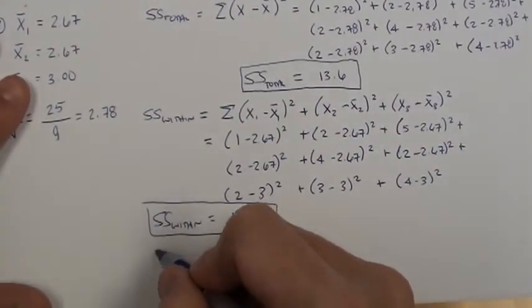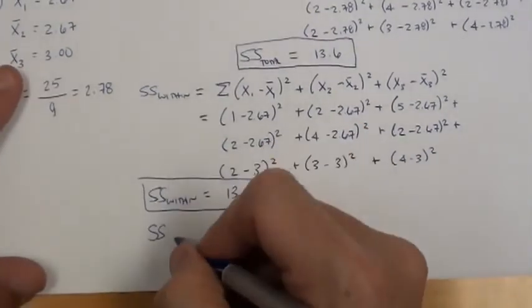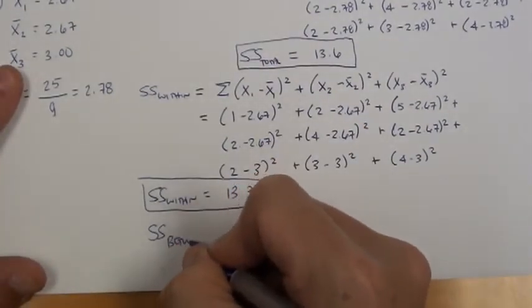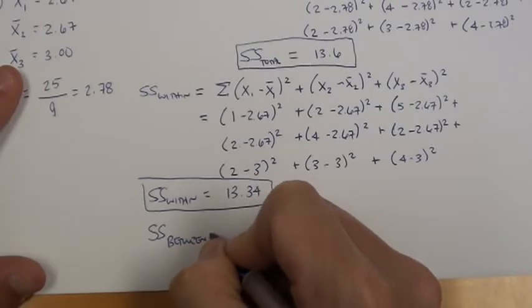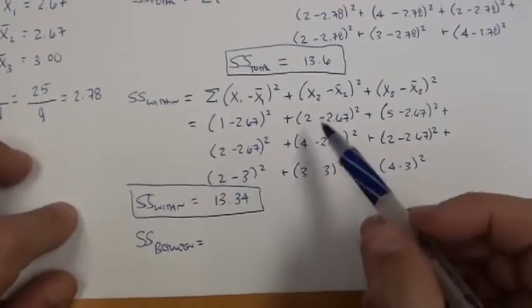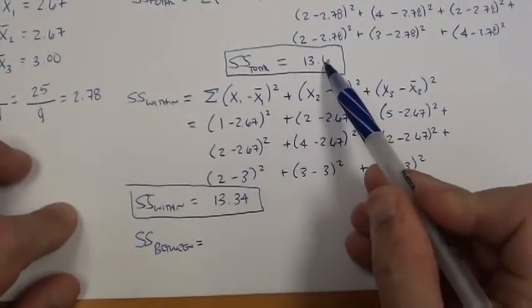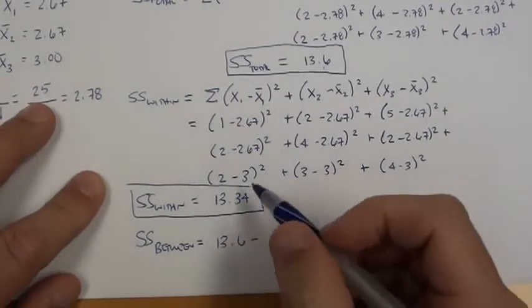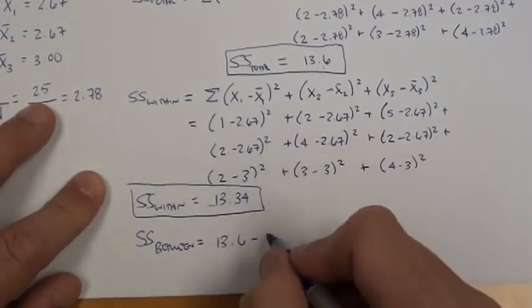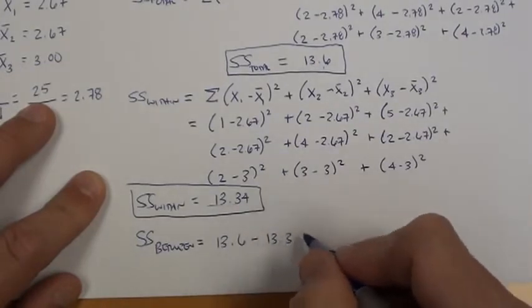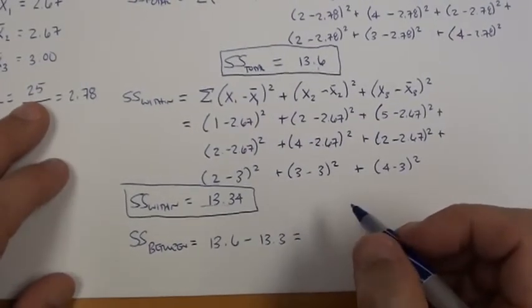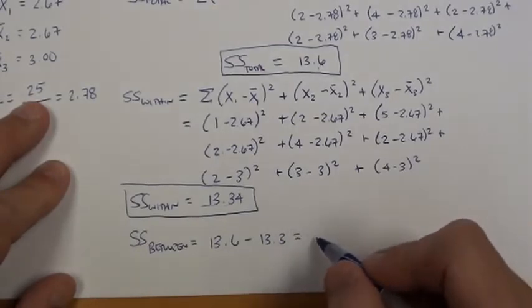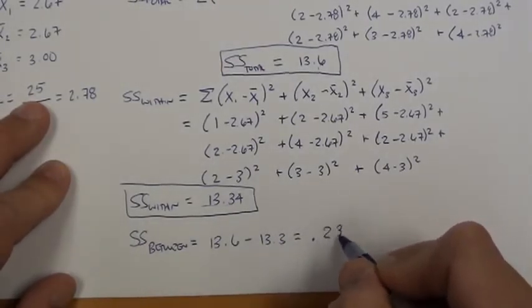Now we need to find the sum of squares between, and to do that it's very easy. We take the sum of squares total, which is 13.6, minus the sum of squares within, which is 13.3, and when we do that we get a sum of squares between value of 0.23.